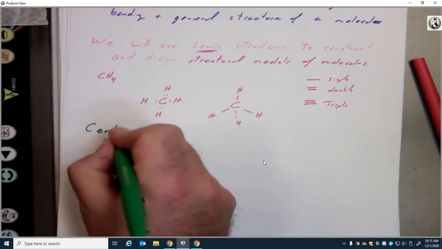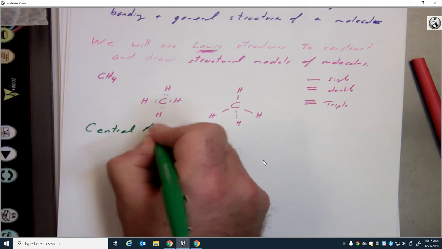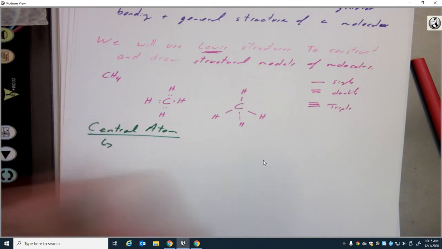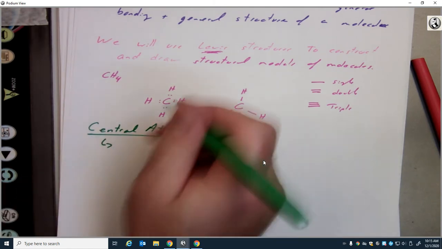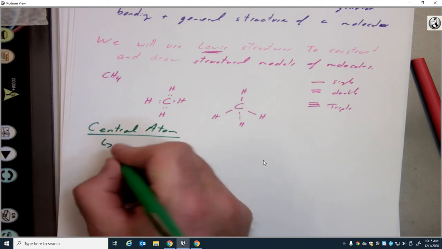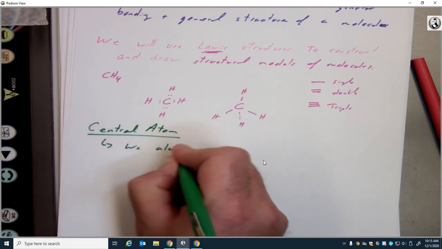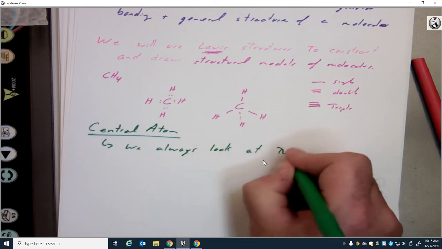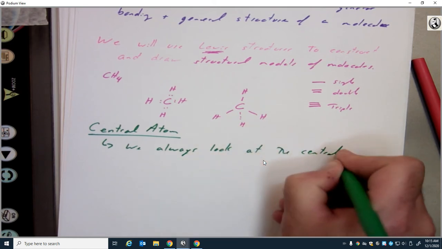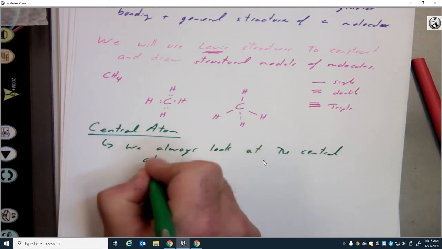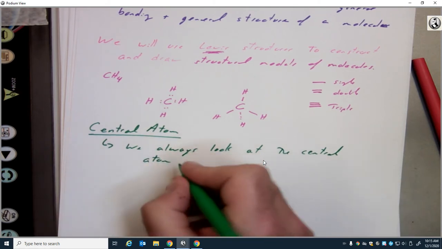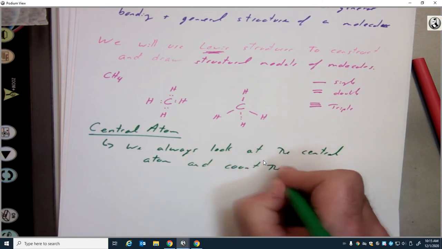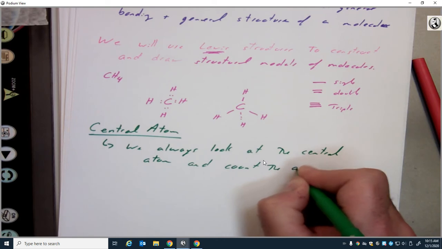So let's talk about our central atom. We're always going to look at this central atom. That's our focus. We always look at the central atom and count the atoms bonded to it.